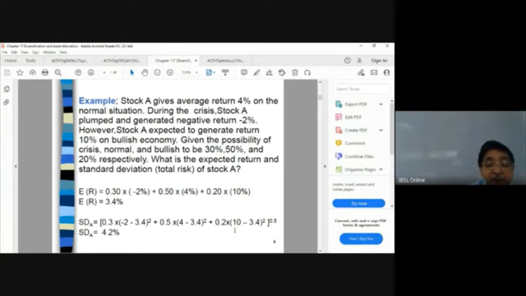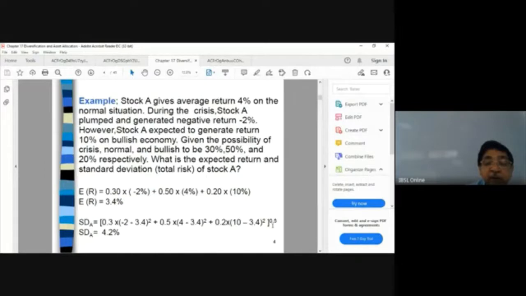And you have another situation, the bullish situation. There you get a return of 10%, and you deduct 3.4 from that also, and it is to be squared, and you multiply that with all these things. Here you can see another notation.